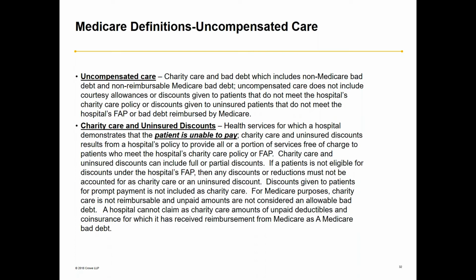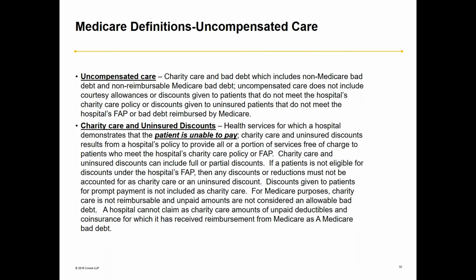Basically, what this is saying is, if you're reporting Medicare bad debt and getting paid for it through the cost report, you're getting that 65% payment. One of the components of the bad debts is charity care bad debt.